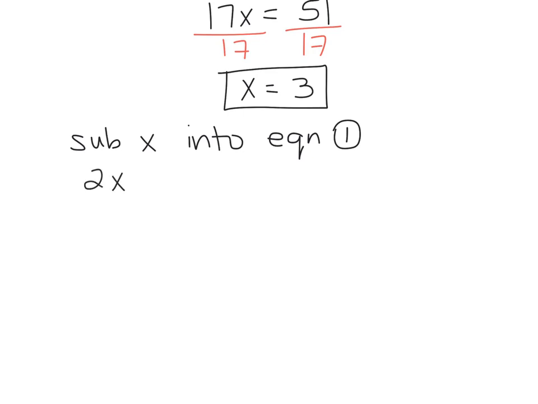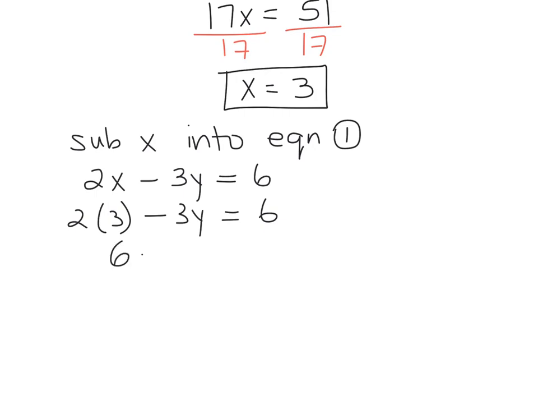So I've chosen to sub x into equation number 1, so I'm going to recopy equation number 1, which was 2x minus 3y equals 6. In the place of x, I'm going to put in my answer, which was 3. 2 times 3 is 6, minus 3y, which is equal to 6. I'm going to bring this 6 over to the right-hand side.